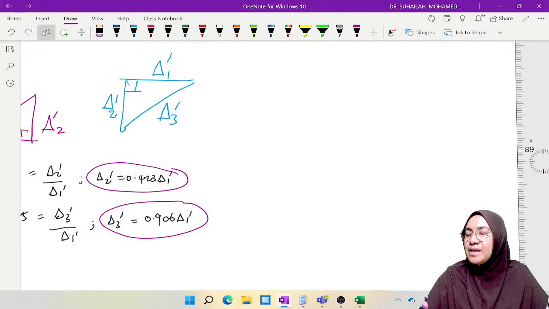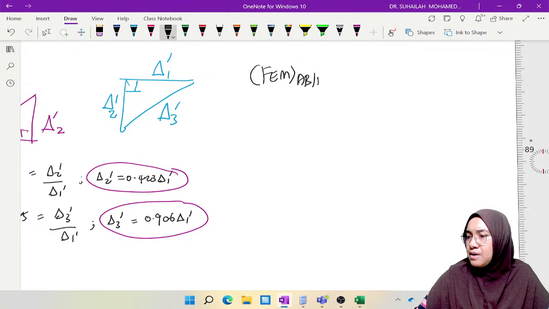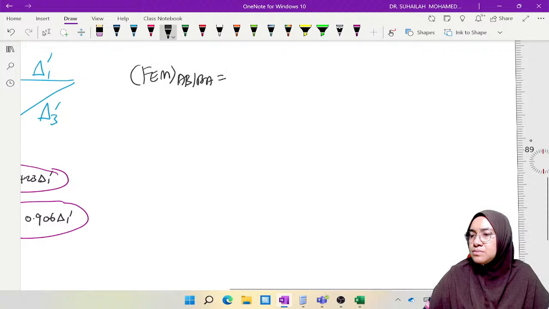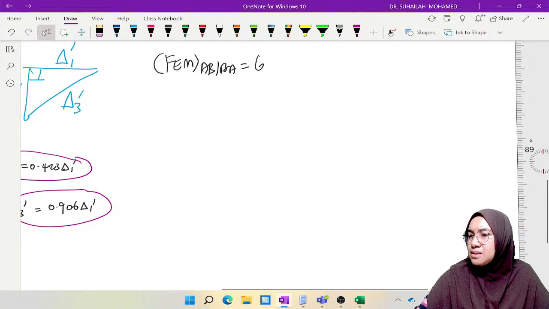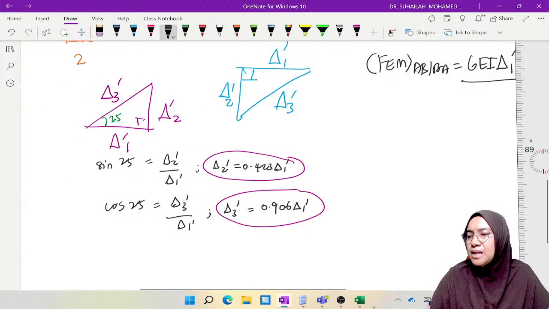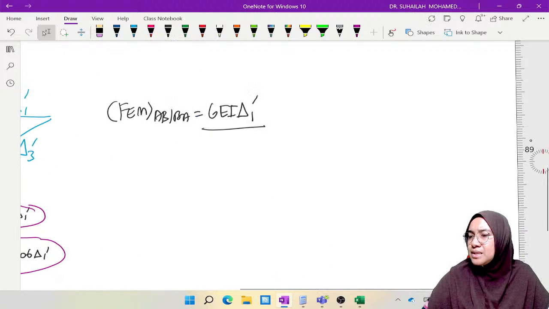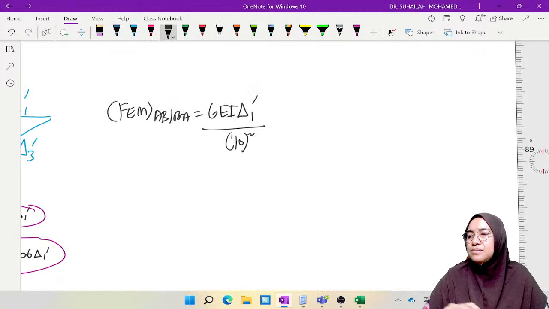So for FEM AB equal to FEM BA, we use negative 6 EI delta 1 prime divided by L squared. What is the L value? L is 10, 10 squared. So this is equal to negative 100.